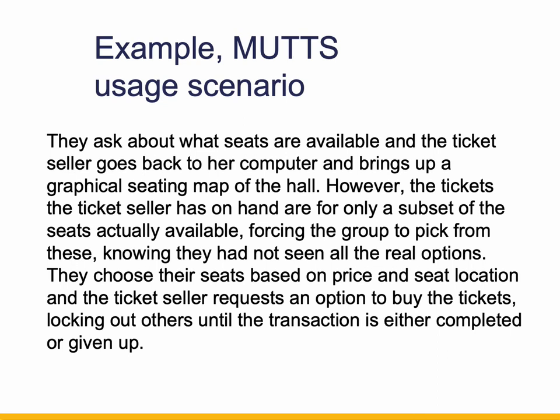We've all been through that scenario where you feel rushed in a line and you're choosing seats for a certain event, and that person seems to offer you the seats that they want to sell instead of the seats that would make you the most happy. So the group in this case chooses the seats based on price and seat location. And the ticket seller requests an option to buy the tickets, locking out others until the transaction is either completed or given up, which is positive. And let's continue with this scenario.